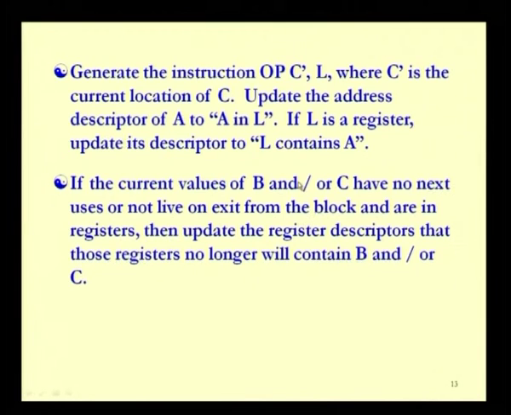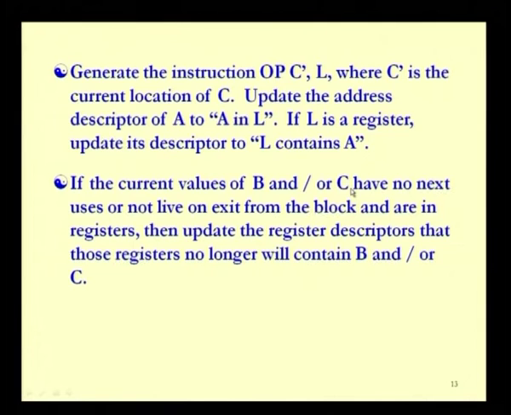A may have a next use because A has just been computed, but B and C need not have a next use. If B and C have no next use, we mark them as not live, so that if they are in registers, those registers are made available for reuse, and the appropriate register descriptor and address descriptor are updated, so that B and C are no longer necessarily in registers.